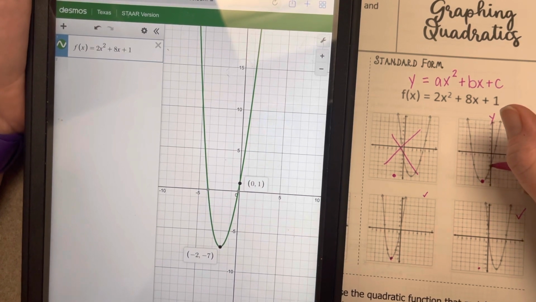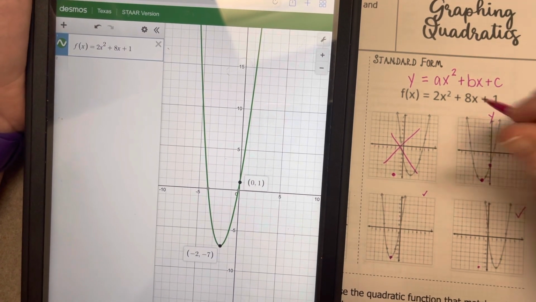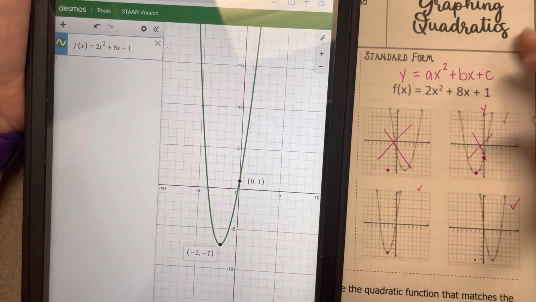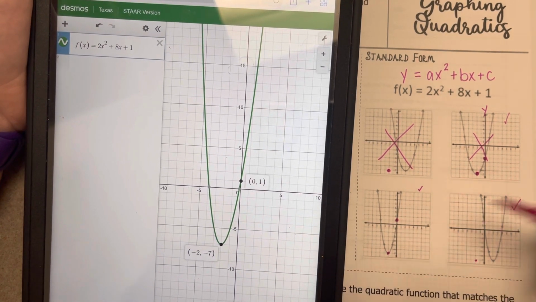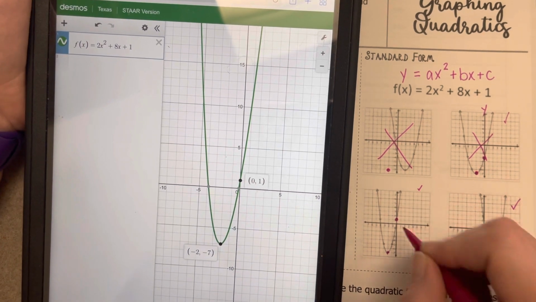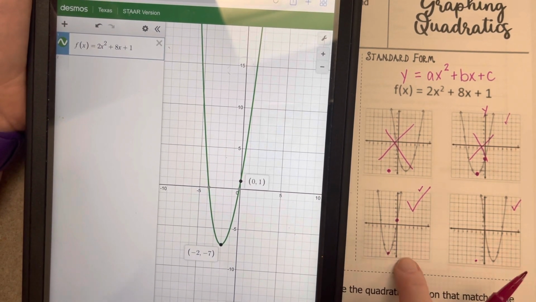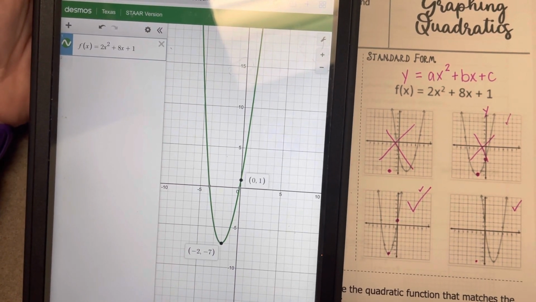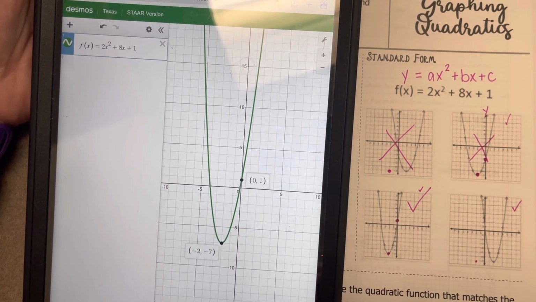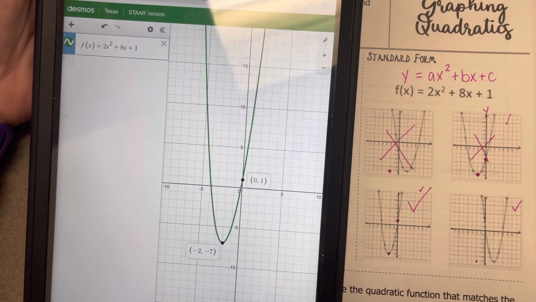No, this y-intercept's down here, so it can't be that one. And this one's kind of hard to see, but it would indeed be there. So my solution here is this graph. Sometimes I may get one that has the same vertex, but I need to decide which one matches the graph I have.